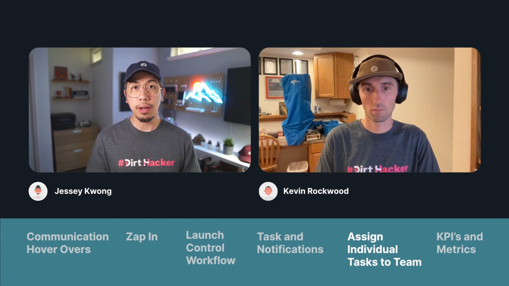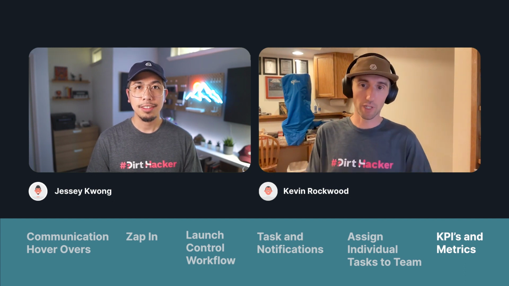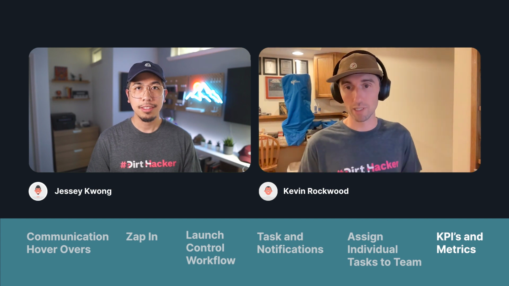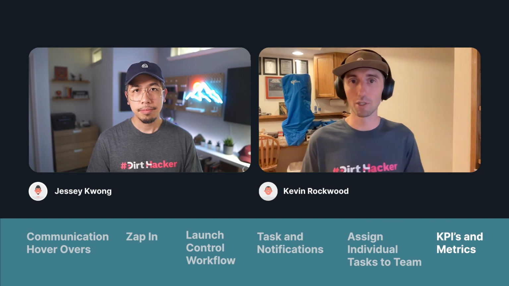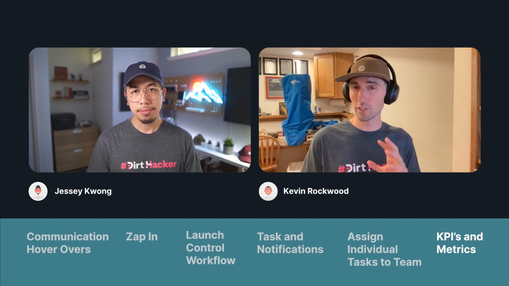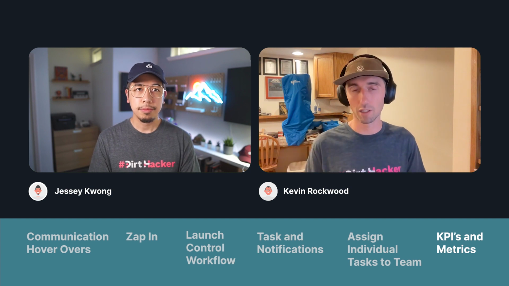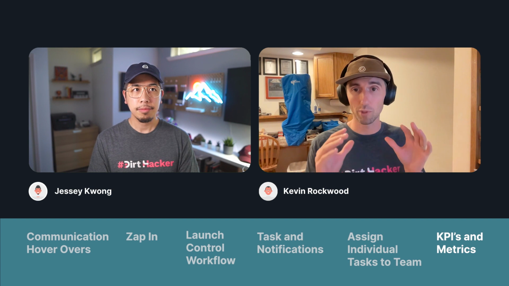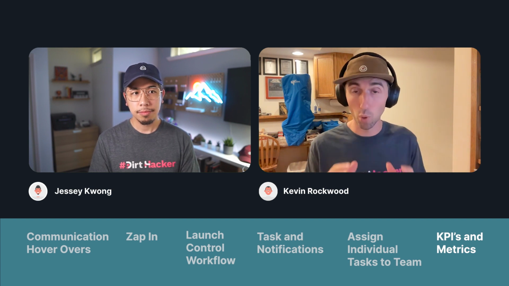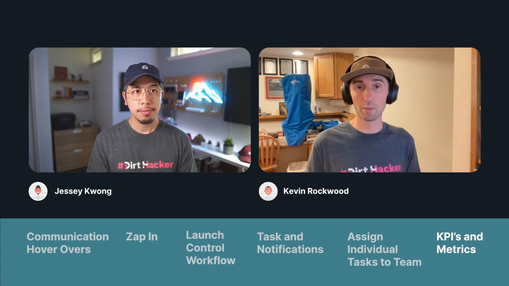Another thing we have coming up is really refining our business metrics and key performance indicators, or KPIs, that we're tracking within Pebble. So right now we have a few things that we track, like what is your response rate or your average time to close, but we're really talking about refining those and coming up with some very important metrics that you need to operate your land business.